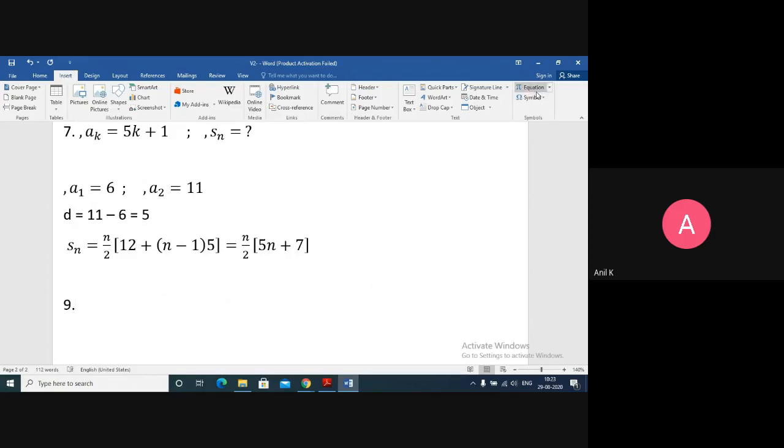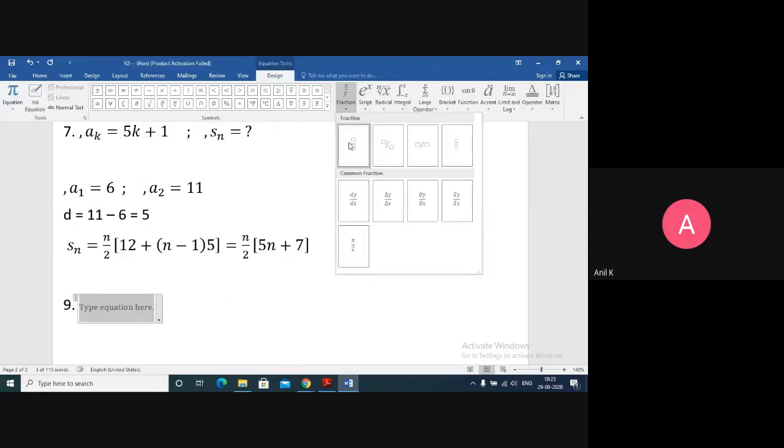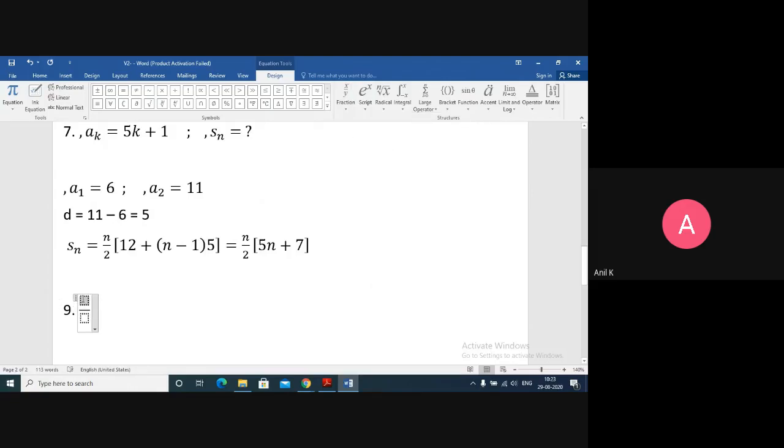To identify first and second, I'll keep here S1, the sum of n terms of the first arithmetic progression, and S2, the sum of n terms of the second arithmetic progression.